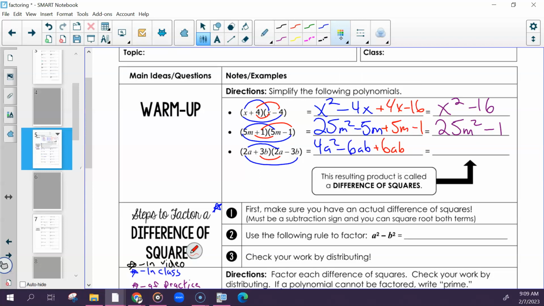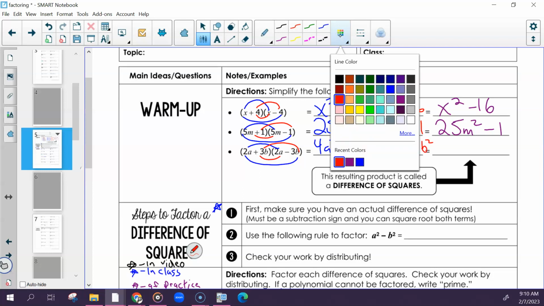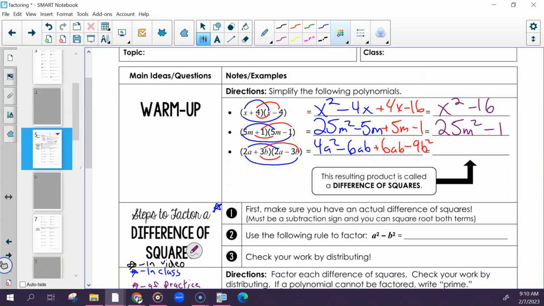And then 3b times negative 3b. So then our final answer would be what? 4a squared minus 9b squared.